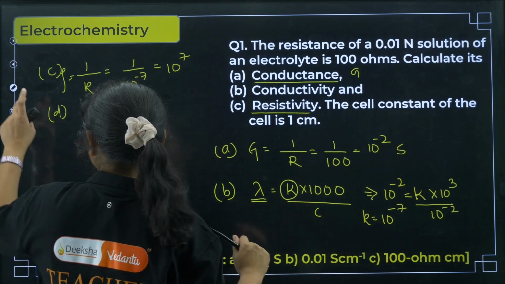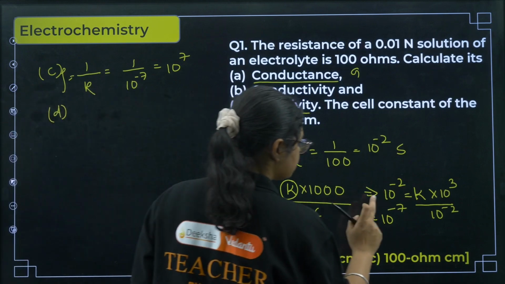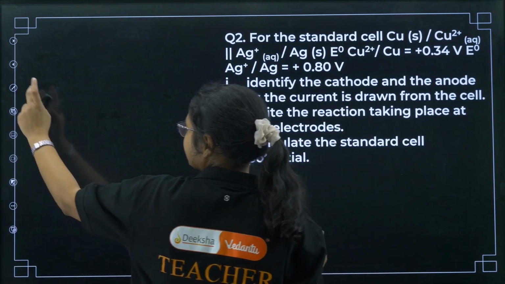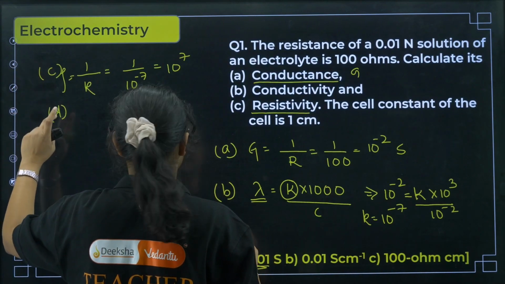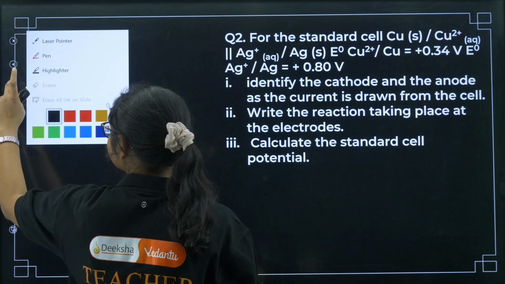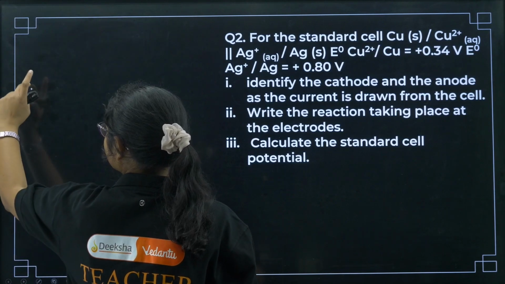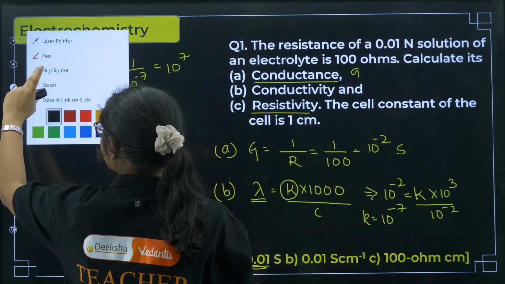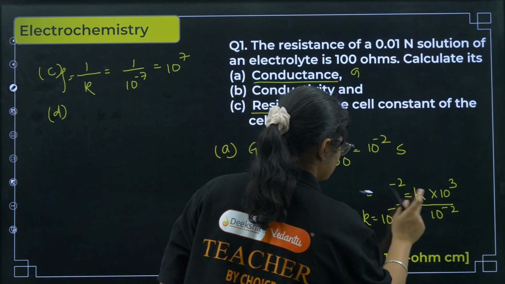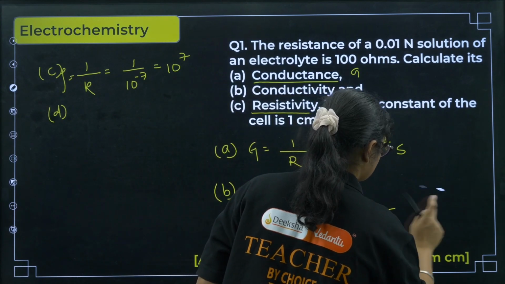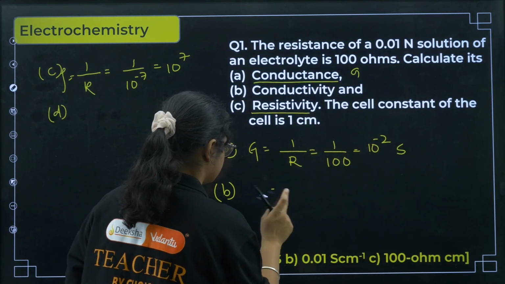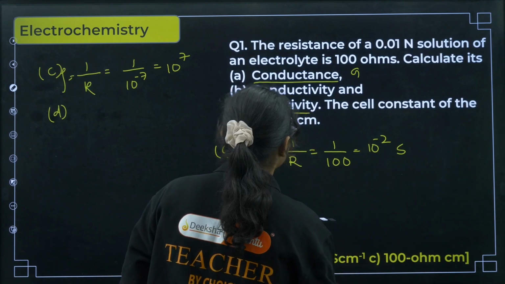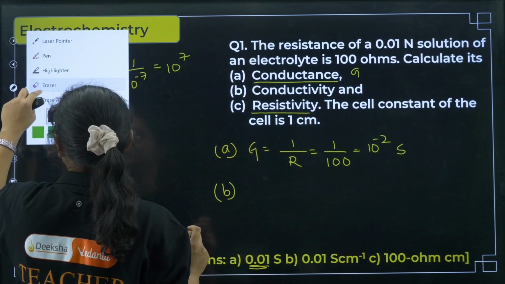Here is a mistake, sorry, this value is not given to you. I made a small mistake here because lambda m is not given.